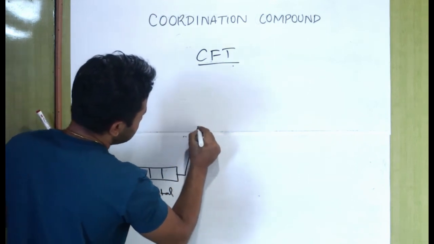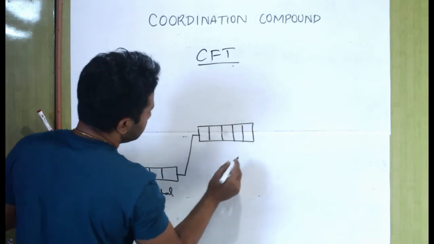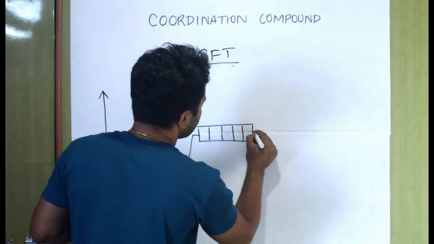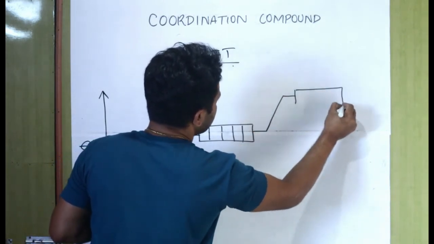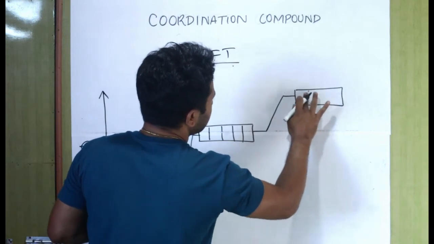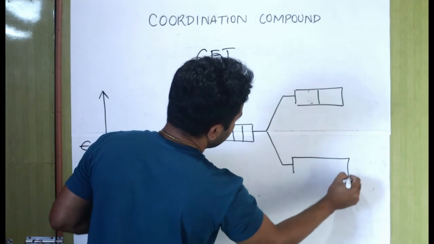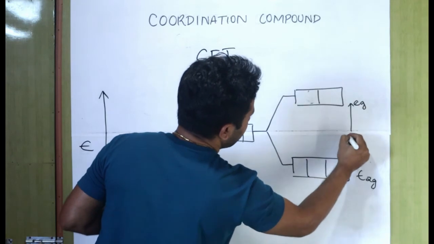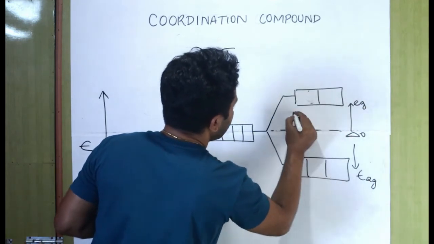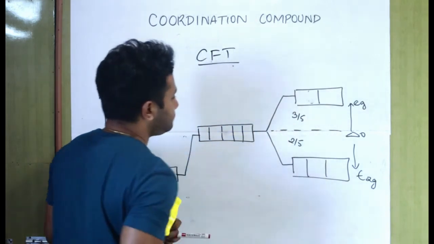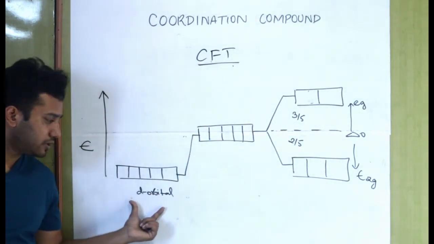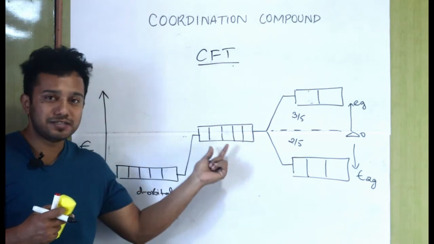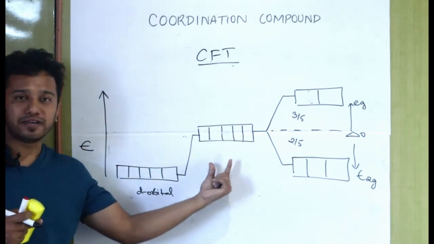The energy increases out here when the ligands are closer to the d orbitals.